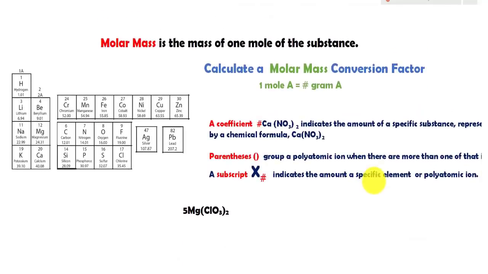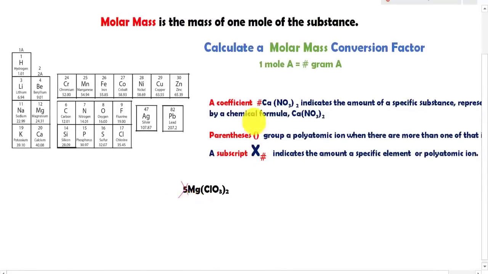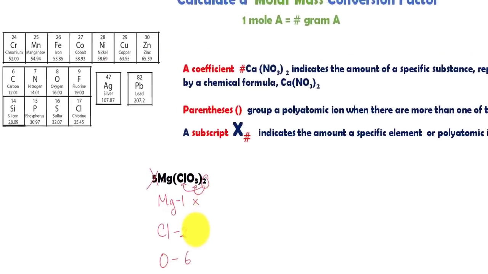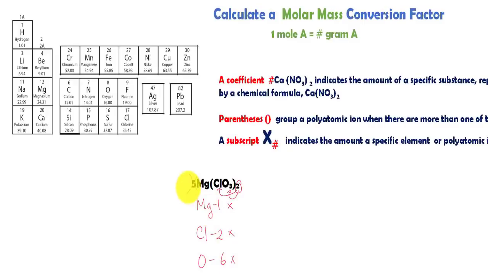Let's try another one. Again, we can ignore the coefficient. In this case, we have Mg is just 1. Then Cl, in this case, because of that 2 right there, indicates 2 of Cl, so we have 2 Cl. But what about the O? The oxygen, 2 of 3, gives us 6 oxygen. Now let's go find the total mass for each element. Mg, 24.31.